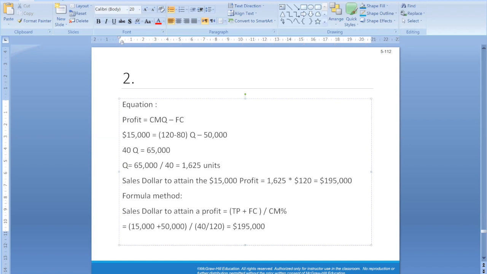So these are two methods to calculate the dollar sales needed to attain a target profit of 15,000: the formula and the equation method. In the equation method, we need to calculate the quantity first and then multiply by the price. For the formula method, there is no need, because we use the contribution margin ratio instead. Good.